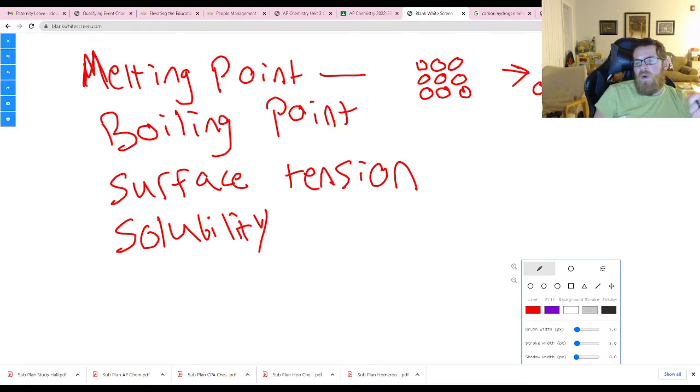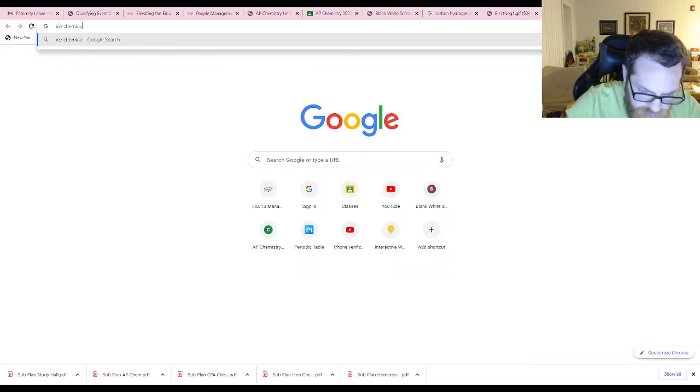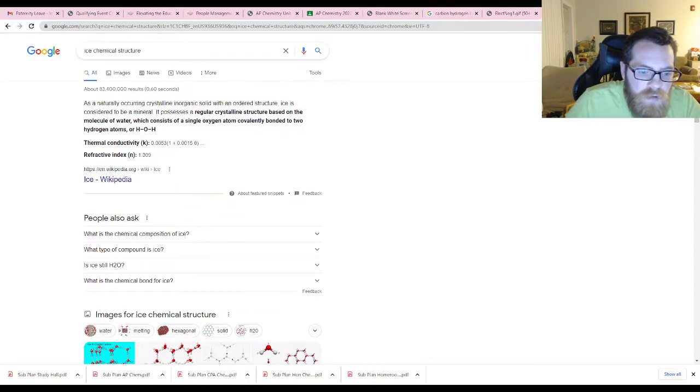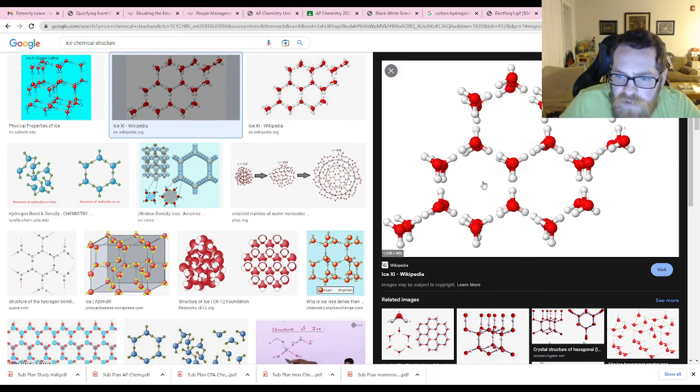The question is, how do we actually do that? I don't know if you ever stopped to think about what's actually holding these together. What's holding solids together is intermolecular forces. So when you melt ice, ice forms a crystalline solid structure. That looks like this.